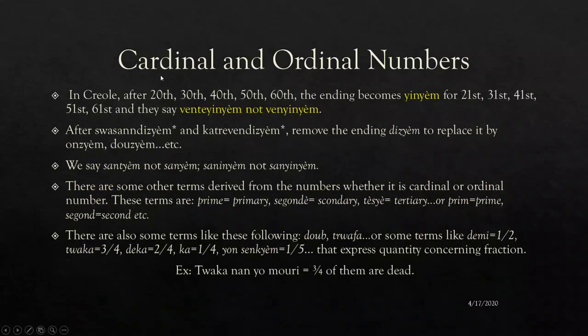In Creole, after 20th, 30th, 40th, 50th, 60th, the ending becomes unième for 21st, 21e, 31st, 31e, 41st, 41e, 51st, 51e, and then 61st, 61e. See, et unième, 21e, okay?